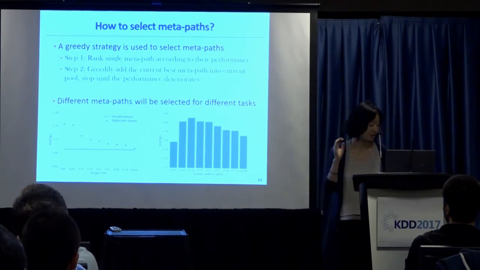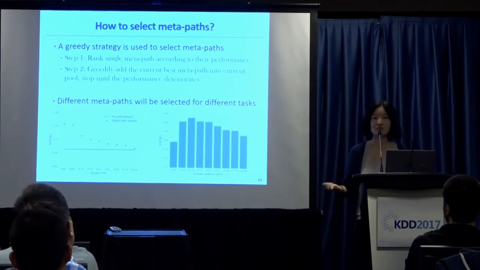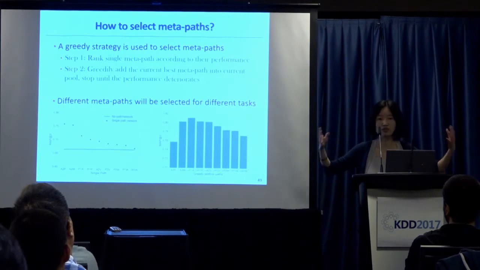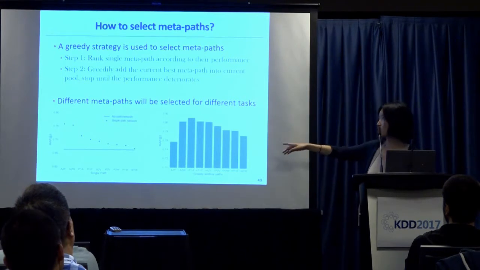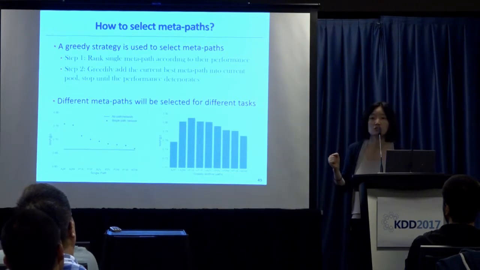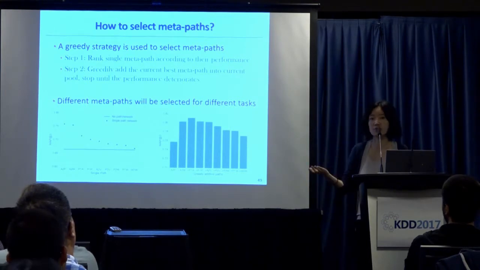It's not like our previous thought that including more information always makes performance better. Unfortunately, if you include information that is not relevant to this link prediction task, the performance is going to be even worse. So that's a lesson.